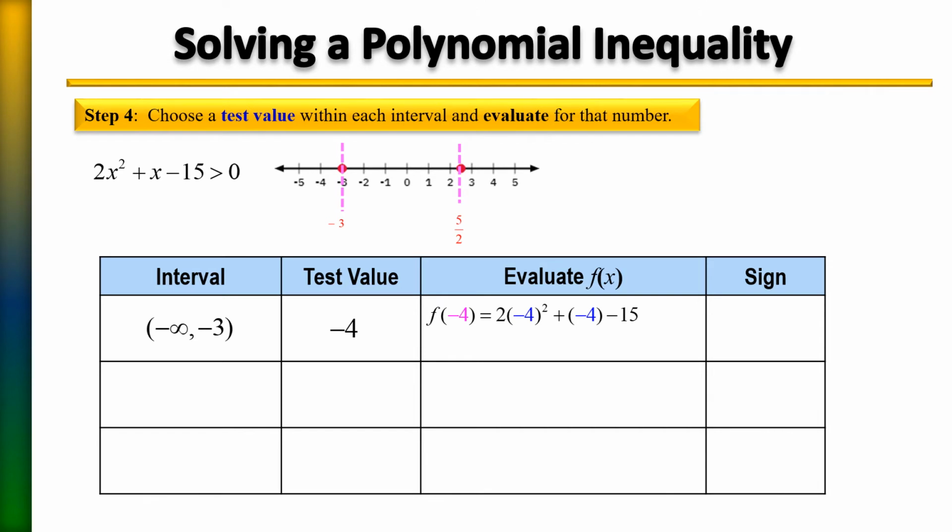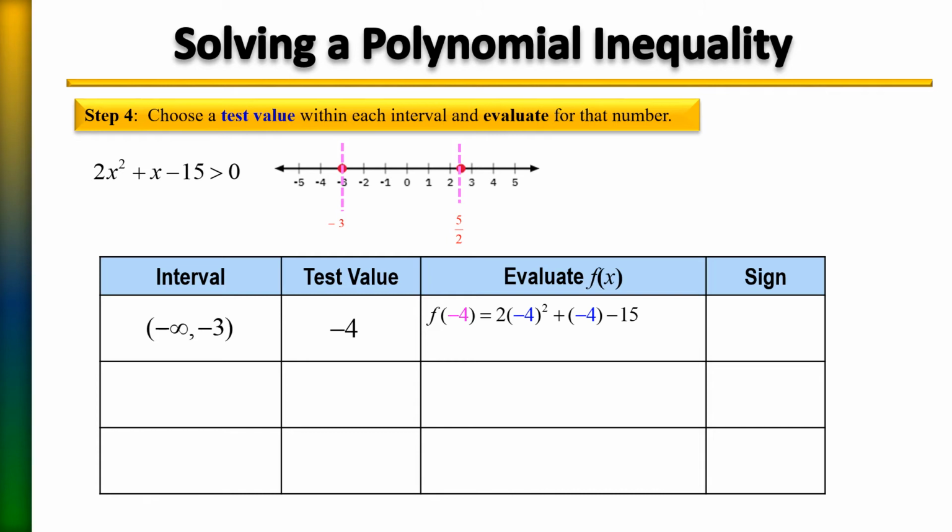Our given function, once we remove all of the x's and replace them with -4, go ahead and do the math. Once we do our math, and actually it really doesn't matter what the number is, you just want to know the output of that number, whether it is negative or positive.